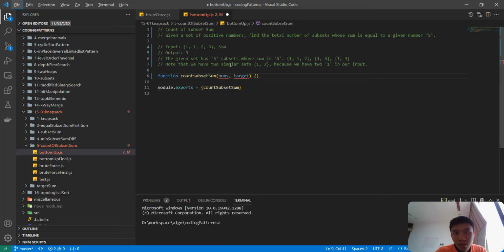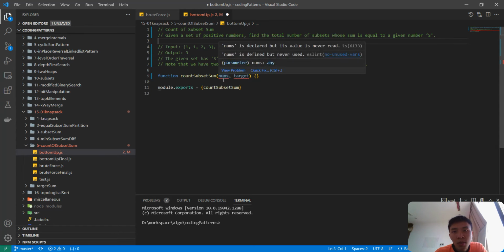So let's go through the problem statement once again. Given a set of positive numbers, find the total number of subsets whose sum is equal to a given number s.